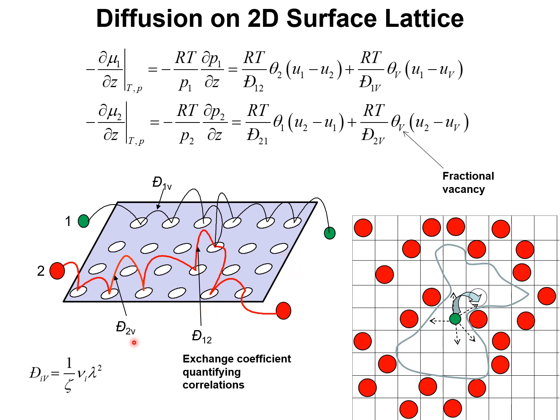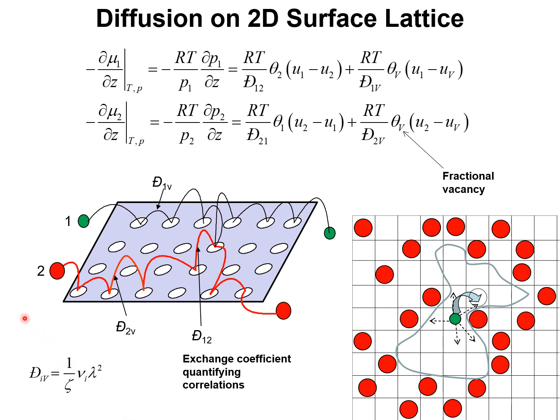For modeling purposes, we consider the gaseous components to hop from one vacant site on the graphene surface to the adjacent one. These vacant sites are adsorption sites on the graphene surfaces, indicated by these oval-shaped white areas.